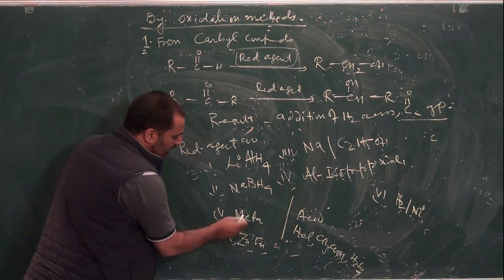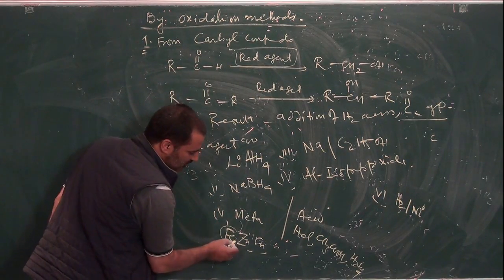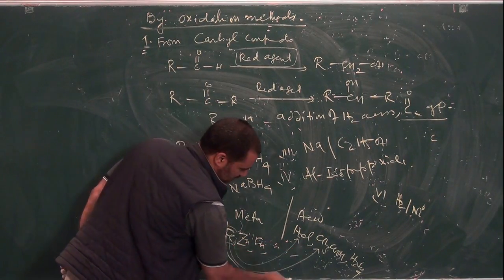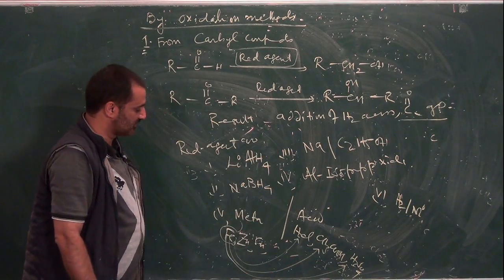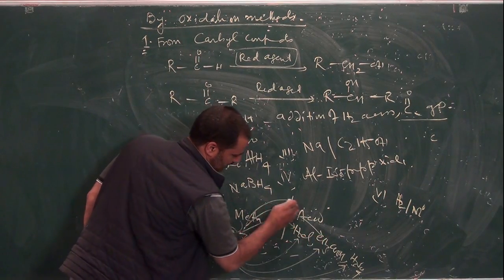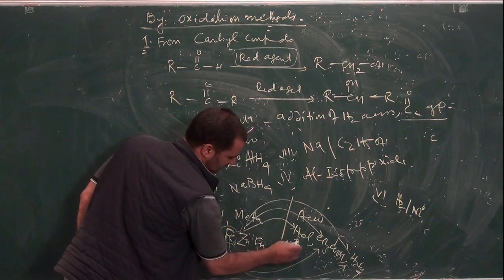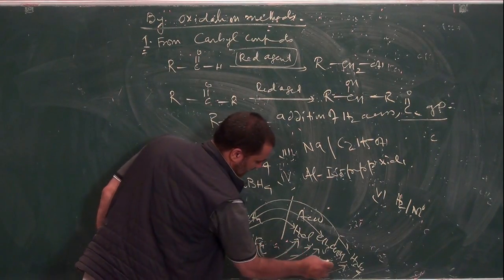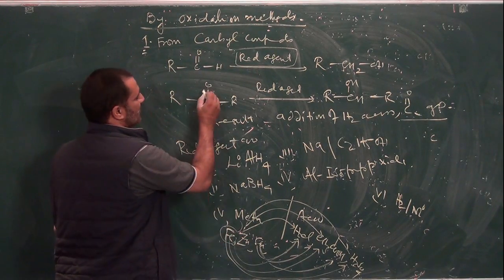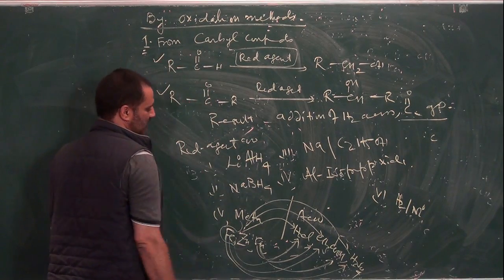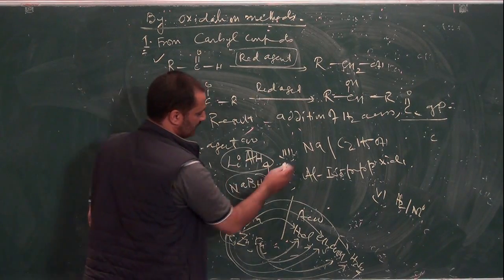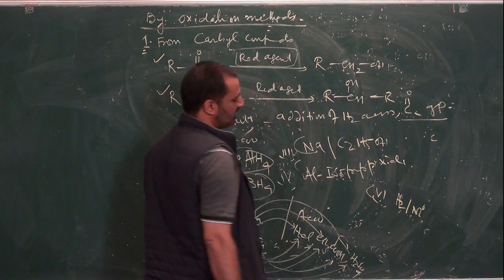With these metal combinations, iron can be used with HCl, with acetic acid, or with H2SO4. So three combinations. It can again be used with these three, and tin can also be used with these. So there are 6 plus 3, that is 9 and 9, and in total 19 reactions we can use.